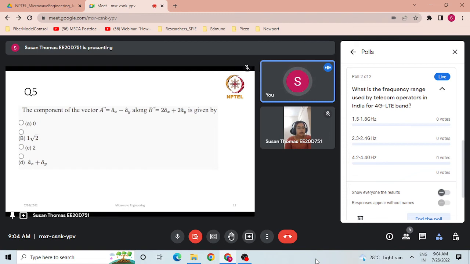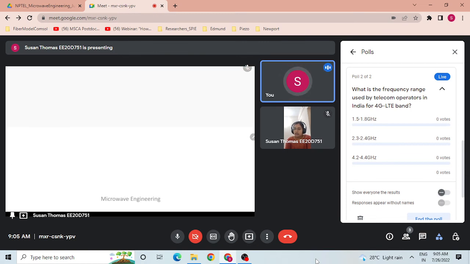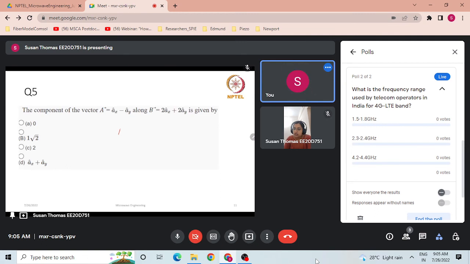This is again a question from vector algebra, testing the knowledge of vector algebra here. The component of vector A along vector B is given by. It's a very simple question, which is to get the component of vector A along vector B, we have to do A dot B. So we know Ax minus Ay cap is vector A, Ax minus Ay dot 2Ax plus 2Ay.